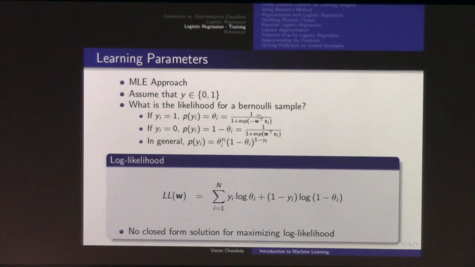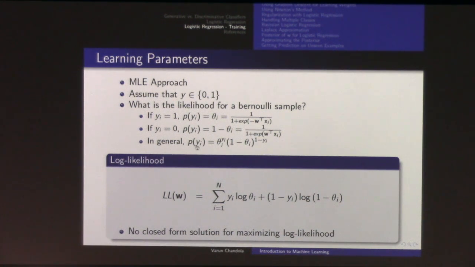Which means that if yi is 0, then the probability of yi will be 1 minus theta i, which is 1 minus this thing. But anyway, it's 1 minus theta i. Which means that in general, I can write that expression as P of yi equals theta i raised to yi, times 1 minus theta i raised to 1 minus yi.